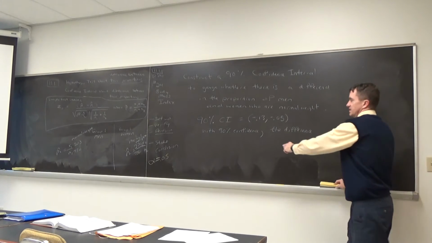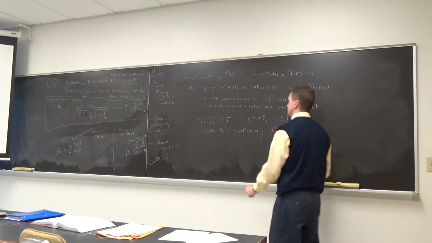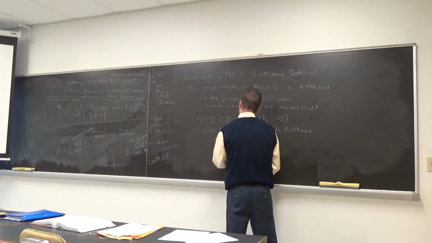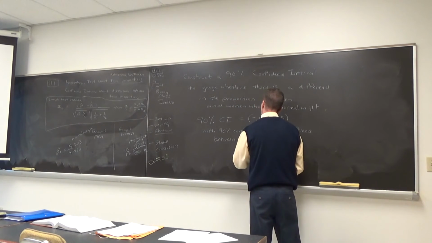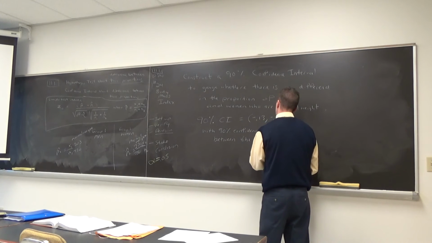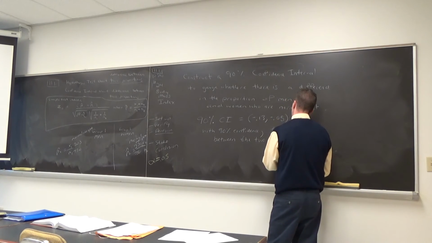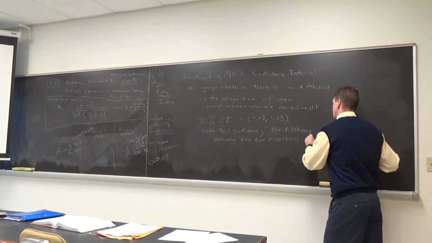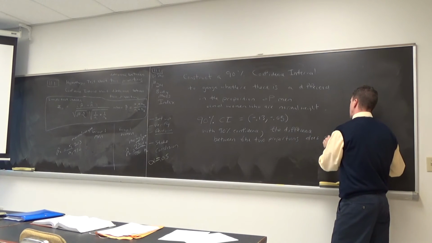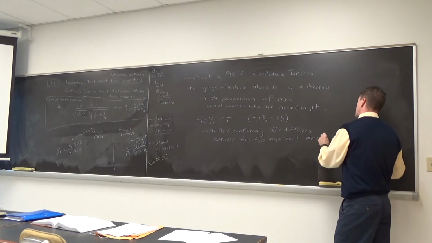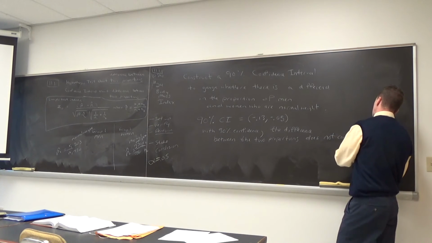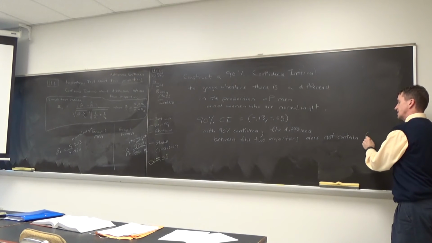With 90% confidence, the difference between the two proportions, men and women, I'm talking about population proportions, does not contain 0. That's what I was looking for. It does not contain a 0.